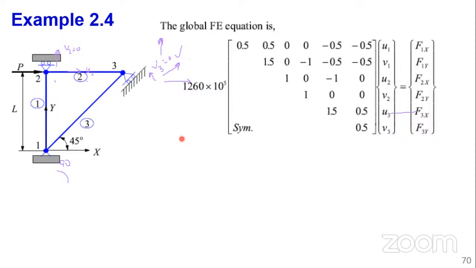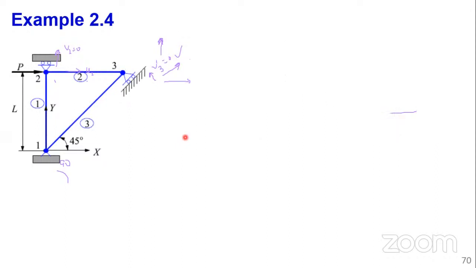Okay. Maybe what I can do here, before I get to this stage, is put it down for you, just for the sake of your understanding. I can jot it down. So for element 1, theta is equal to 90.